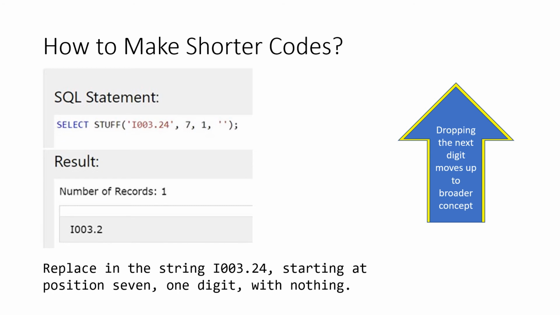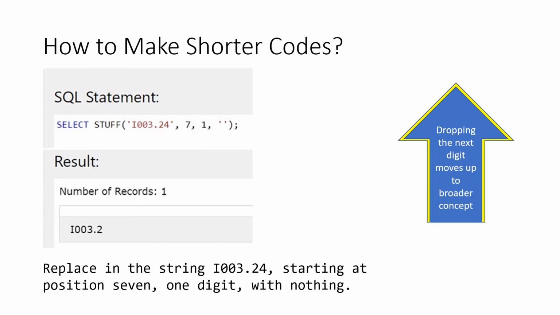How do we make these things in your database? Well, we use a command called stuff. Here we see select stuff, and in single quotes I003.24, comma 7, comma 1, and comma 2 single quotes. What does it mean?